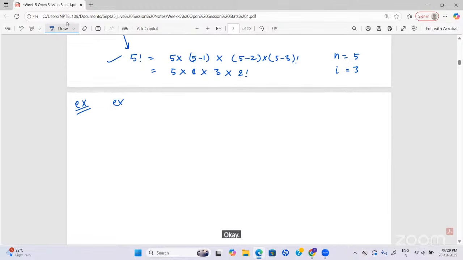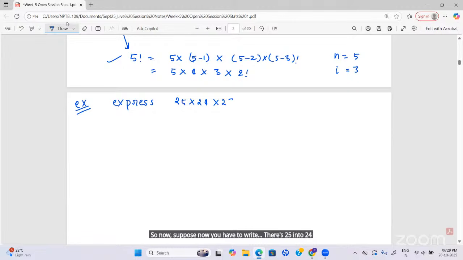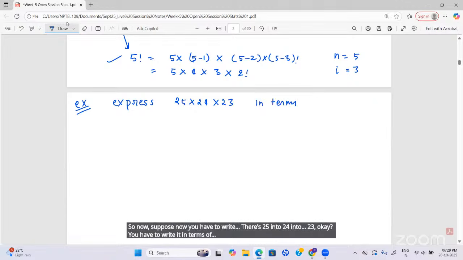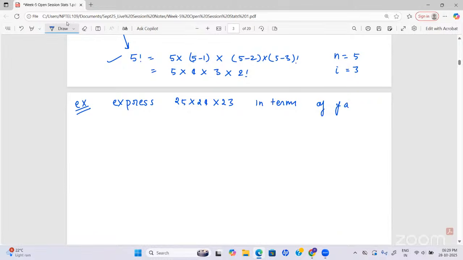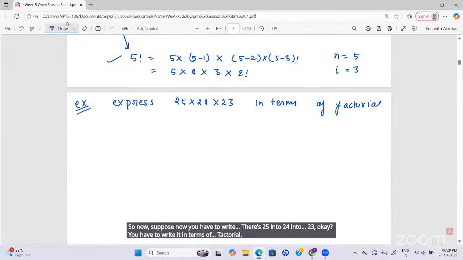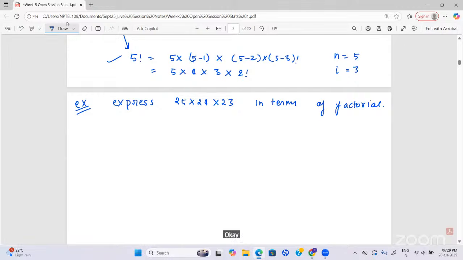Now suppose you have to write 25 into 24 into 23 in terms of factorial. How can we write this?